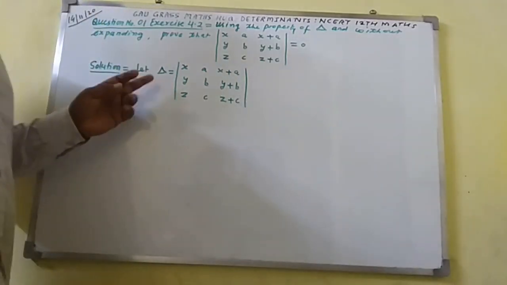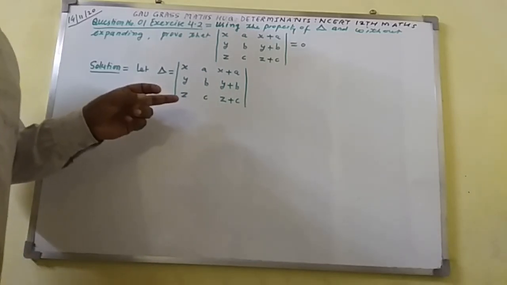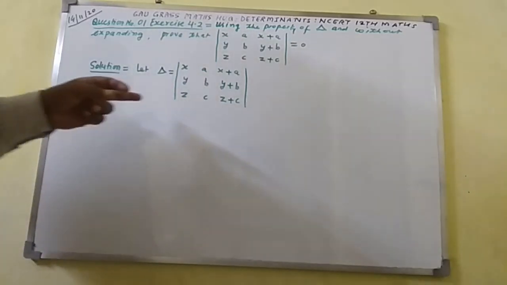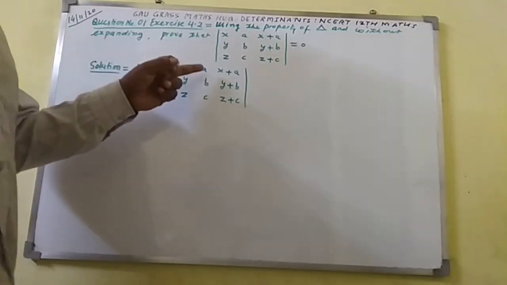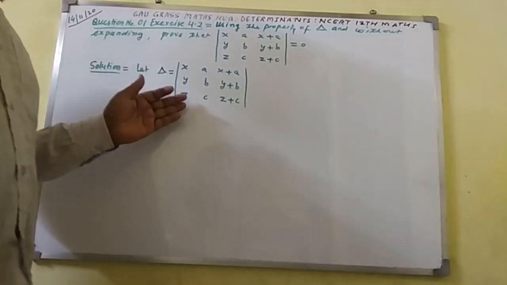You have to evaluate this determinant without expanding row-wise or column-wise. Here I have to use a property of the determinant.